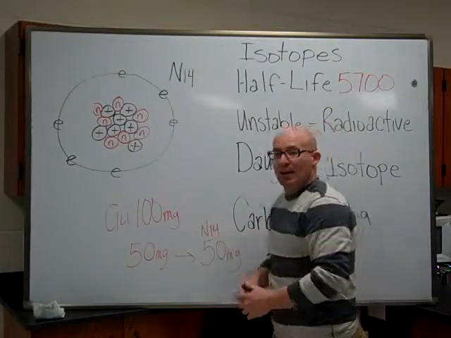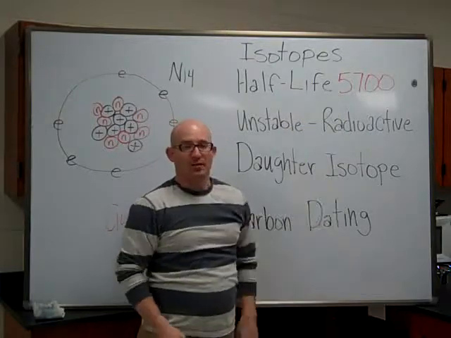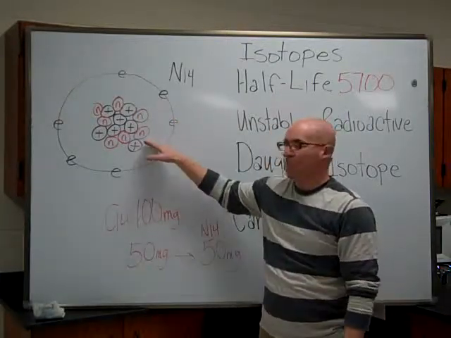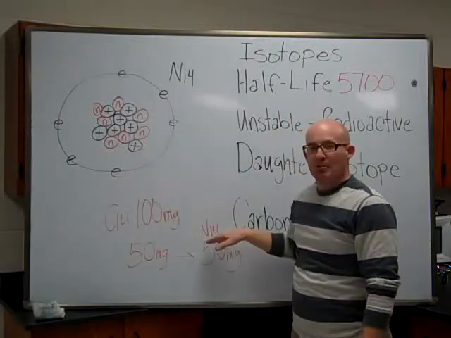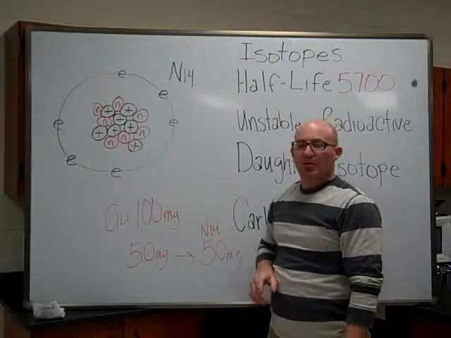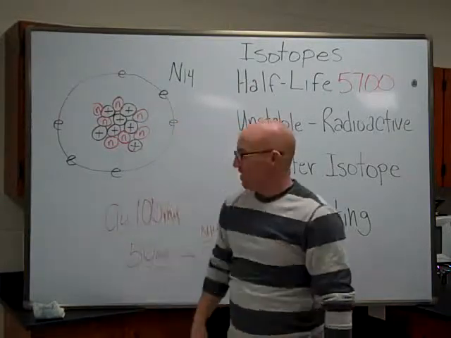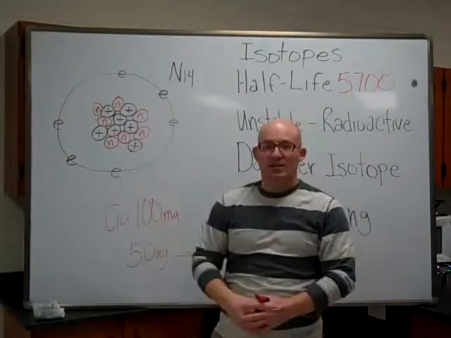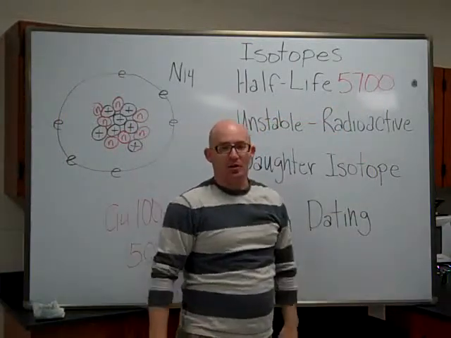Then I can give a pretty good estimate of how old the fossil is by looking at the half-lives and how long it takes for half of the original radioactive isotope to decay into a new stable isotope, the daughter isotope. We call this absolute dating. It's pretty accurate. Can I get it within the day and the hour it died? No. But if I'm this close, I can tell you how old that is. I can do pretty good.